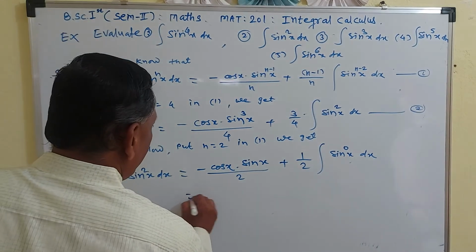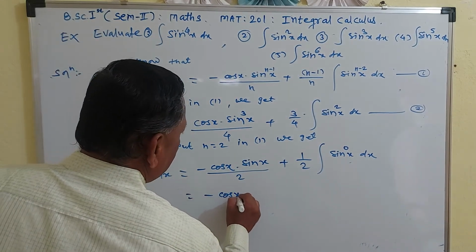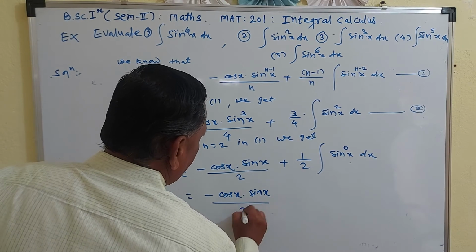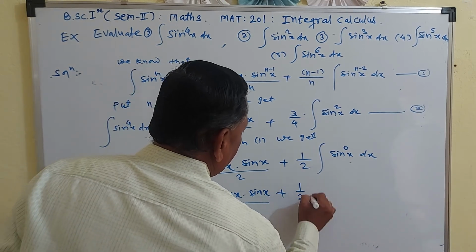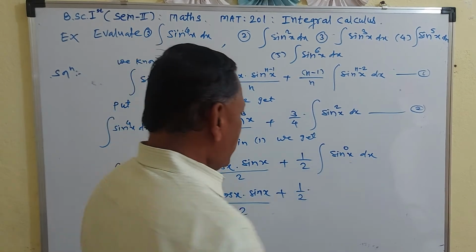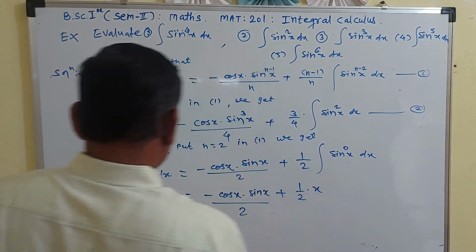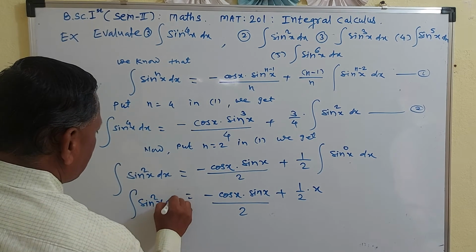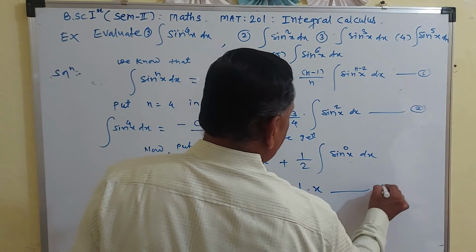So it is equal to minus cos x into sin x upon 2 plus 1 by 2 into x. So this is the integration of sin square x dx, number 3.